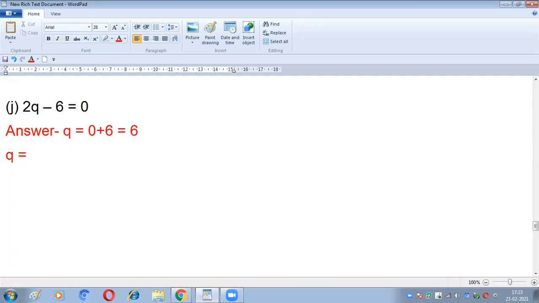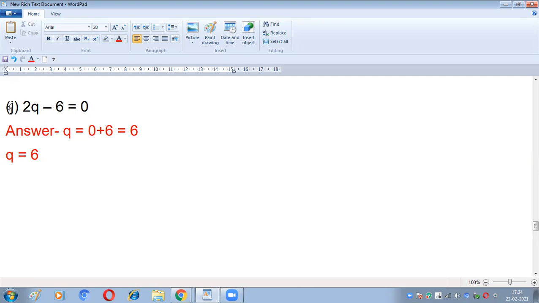So here q is equal to, here is 2q, that means 2 multiplied by q. Here 2 has the sign of multiplication, and when this 2 moves to the right hand side, it will have the sign of division. So our last answer was 6.